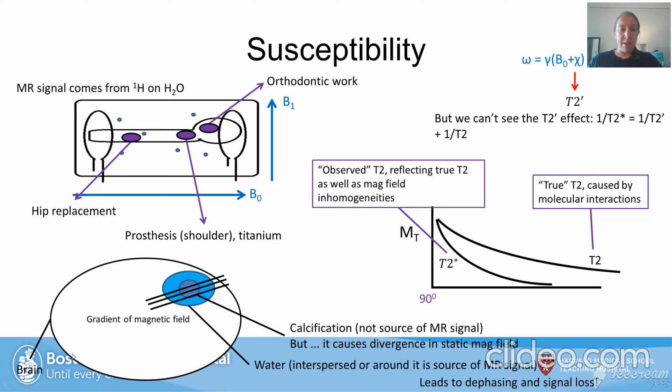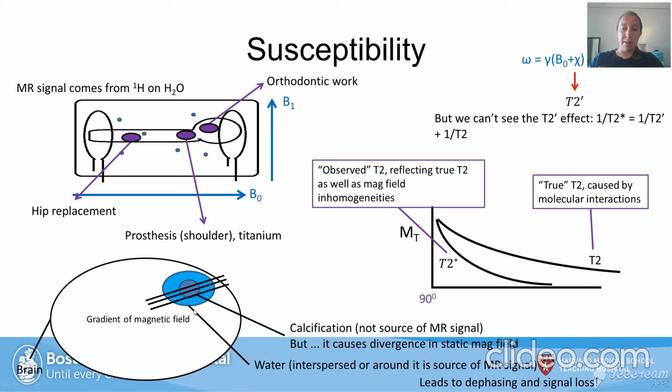If we have an image of the brain here, and we have a calcification with some water around it, the calcification is actually not a source of MR signal, because we know the MR signal comes from the hydrogen proton in water. So the signal is not coming from the calcification itself, but it does cause the static main magnetic field to diverge.